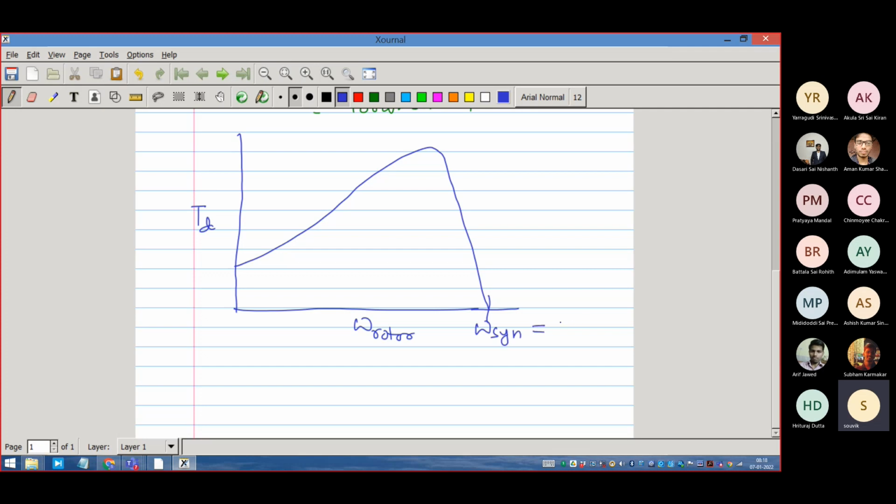Synchronous speed is defined as omega s, the supply frequency, times 2 by P, where omega sync is the synchronous speed, P is the number of poles, and omega s corresponds to the supply frequency.